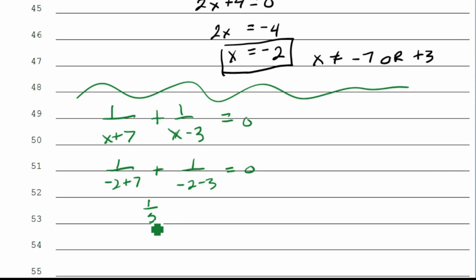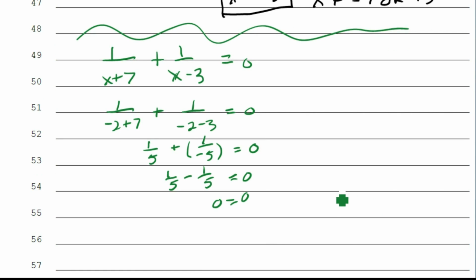You have 1 over 5 plus 1 over minus 5. That's just 1/5 minus 1/5 equals 0. 0 equals 0, so minus 2 is the solution. And x cannot be minus 7 or plus 3.